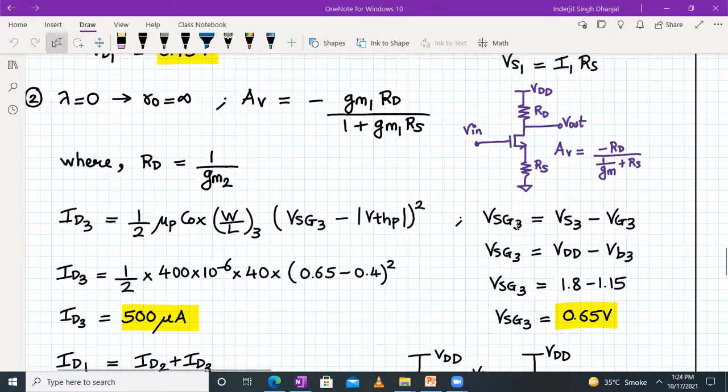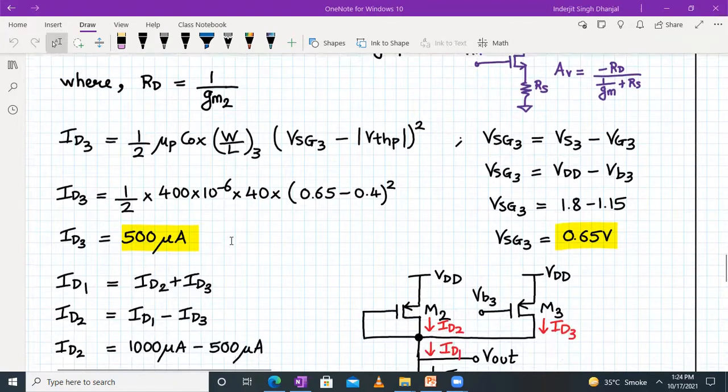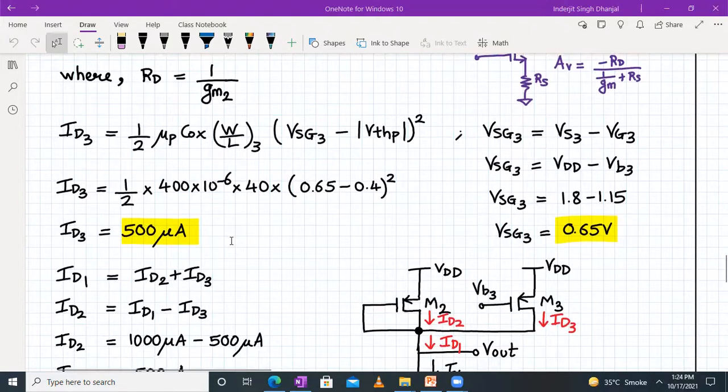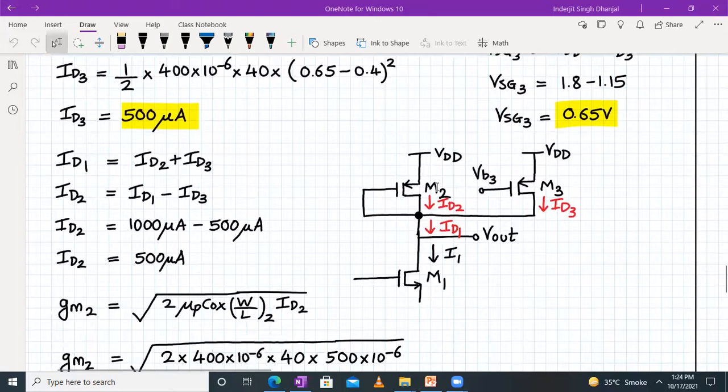Therefore, we write VSG3 is nothing but VDD minus VB3. And the VB3 value is given to us. Its value is 1.15 and VDD is 1.8. So therefore, VSG3 is nothing but 0.65. So that 0.65 we substitute over here, minus 0.4 the whole square. If you plug in all the values in the calculator, ID3 will come out to be minus 500 microamperes.